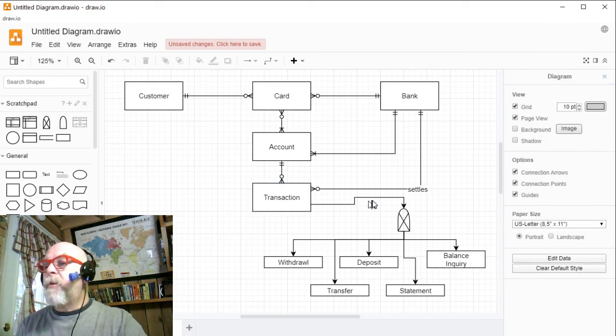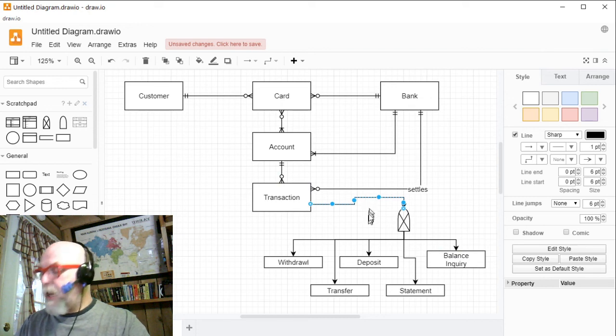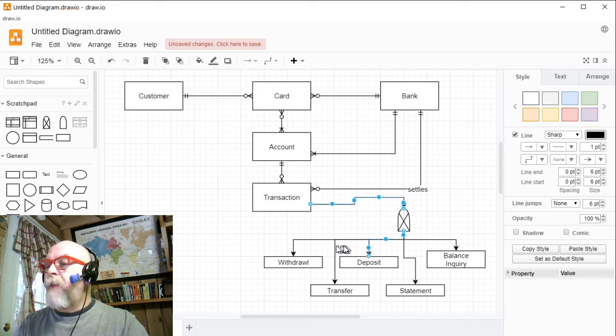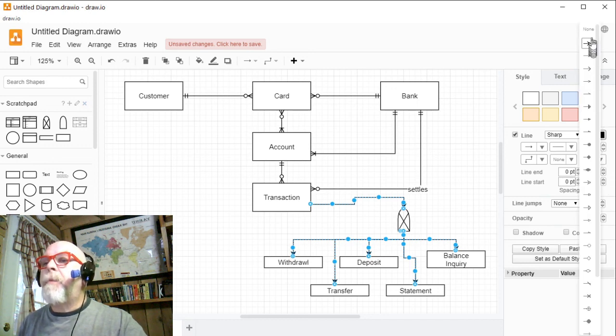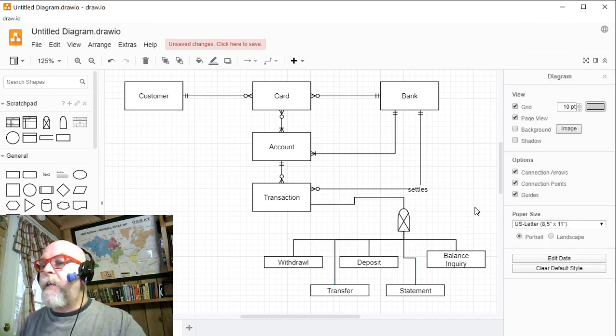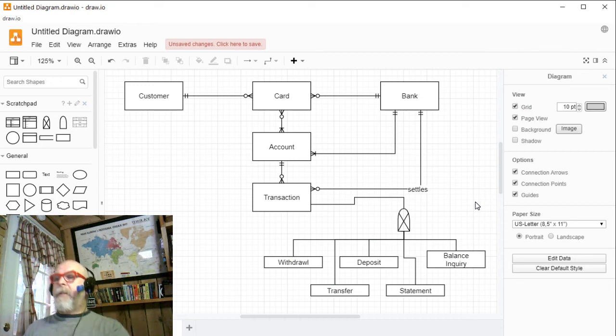So we've got all of those, and then all of these specialization hierarchies, we just want to remove the arrows from them. So I'm going to select all of the relationships here in the specialization hierarchy by holding the control key down and selecting them all, and then I'm just going to come up here and say none, and now they're all nice and pretty.